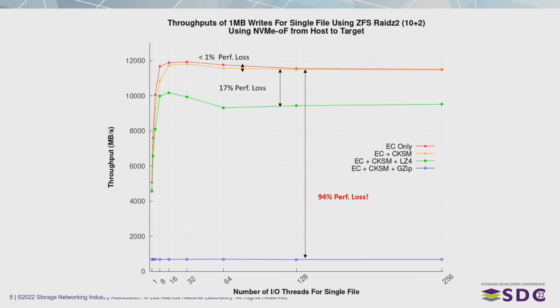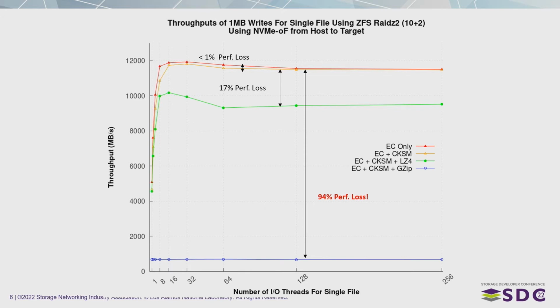Instead of losing just some more performance, our performance actually dropped by a total of 94%, down to that blue line at the bottom. That blue line is around 600 or 700 megabytes a second, which is crazy. We simply can't deploy a file system with that bandwidth.